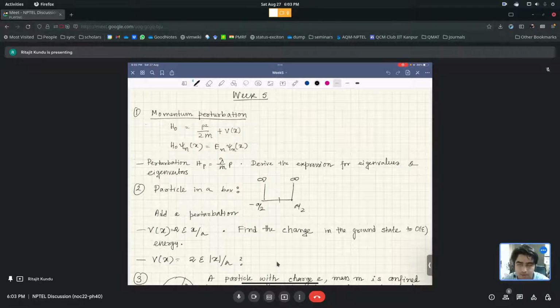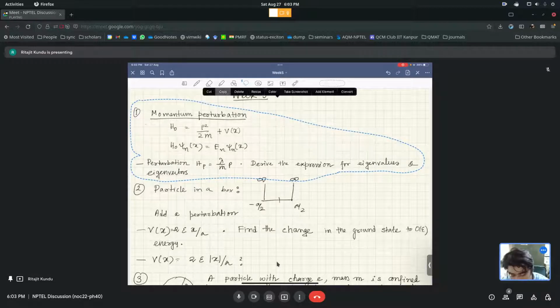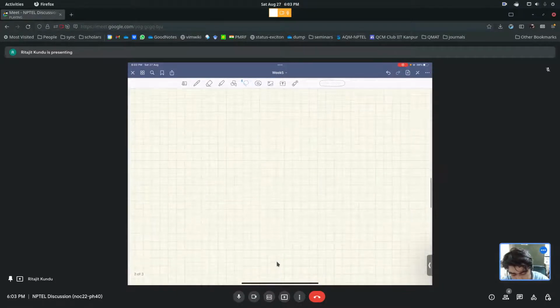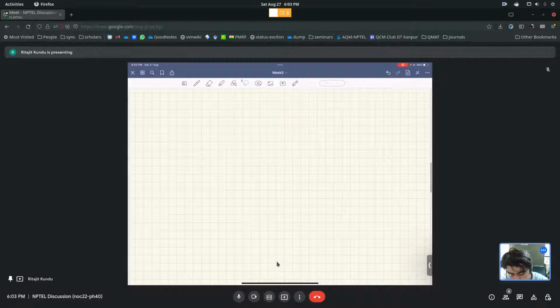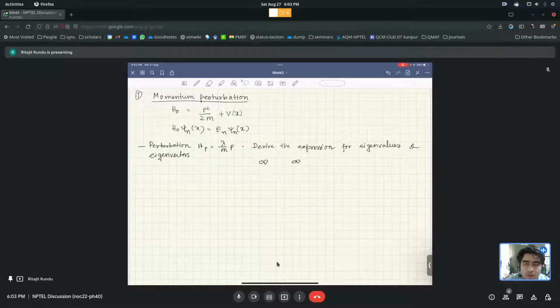Okay, so let us first look at this problem, the first one. It is called momentum perturbation.